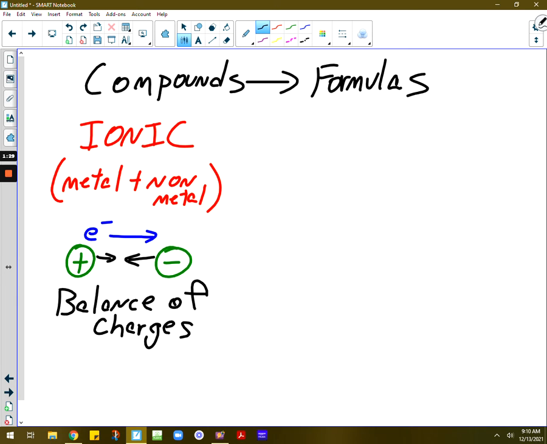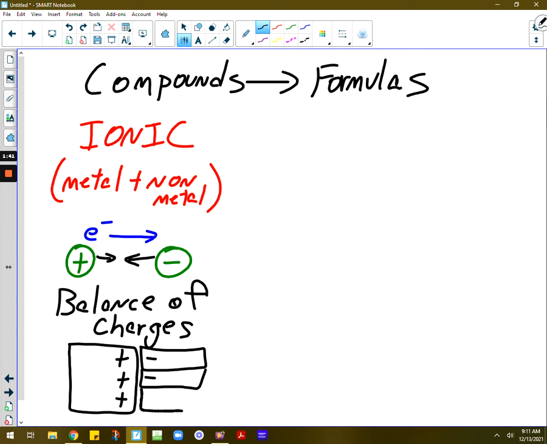In other words, you need to make sure that all your positives and negatives are equal by writing however many of these positive ions you have over here and how many of these negative ions you have over here. You're always going to have a positive piece and a negative piece.